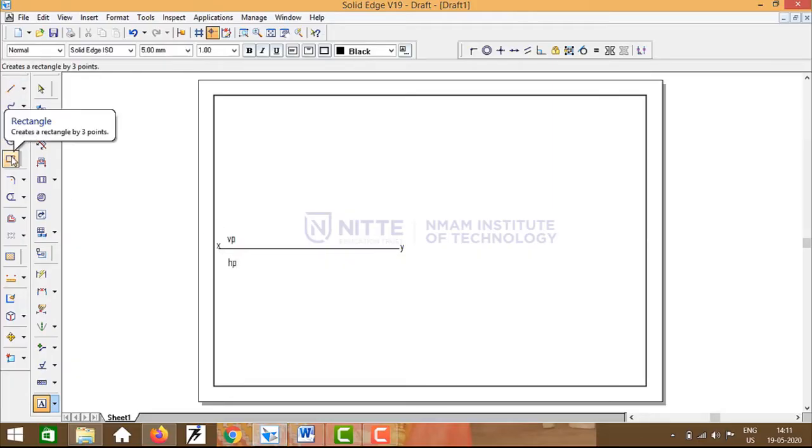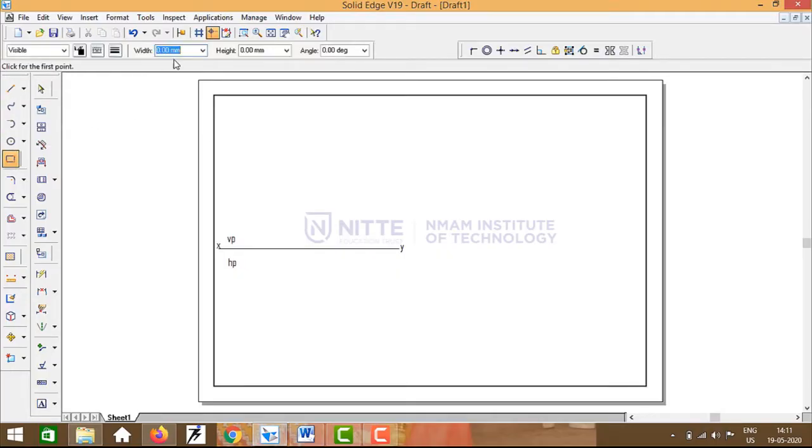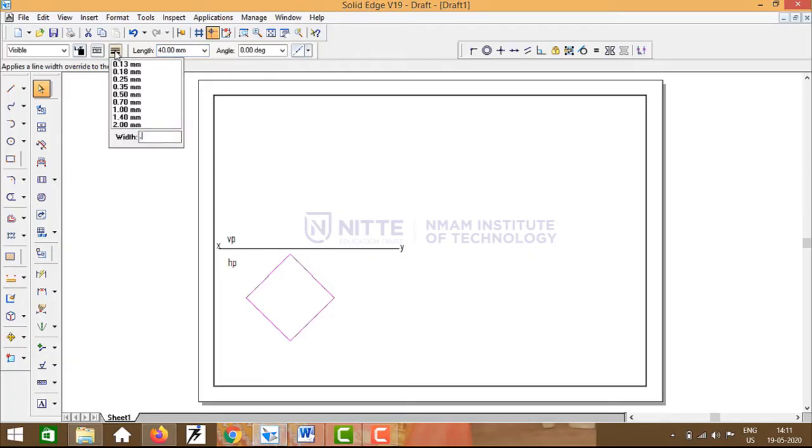Go for a square. You can draw individually with the line, or you can use this rectangle command. Give the width, the dimension is given 40 millimeter, so height 40 millimeter, angle 45 degree, tilted position. So keep it here, not change the dimension, so we'll change the line thickness to 0.4 millimeter visible line.